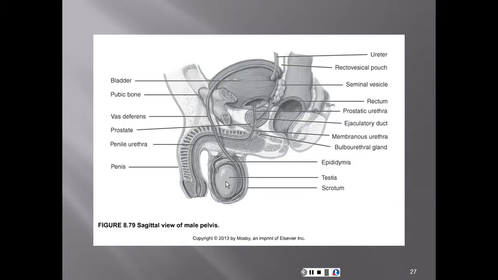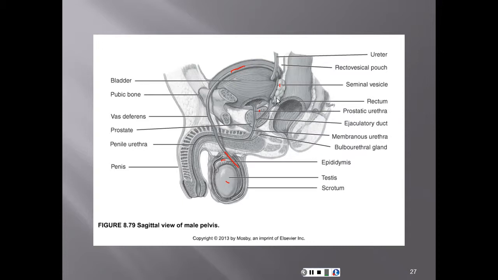So you have the testis, you have the epididymis, you have the vas deferens, which leads to the prostate. I'm sorry, prostate right here. That's the seminal vesicle. Seminal vesicle. So the vas deferens, it travels up the vas deferens this way.